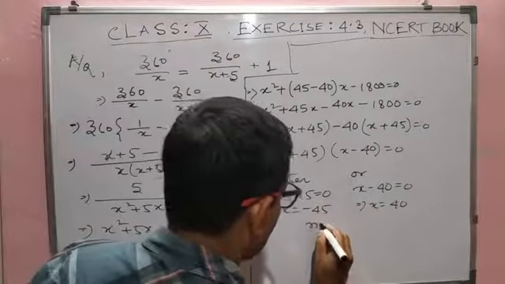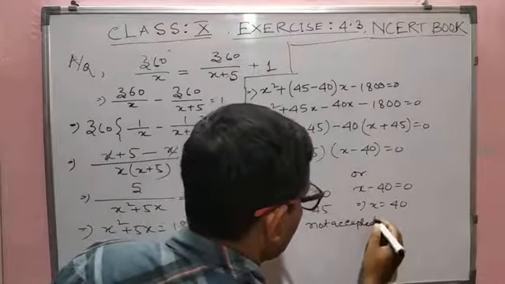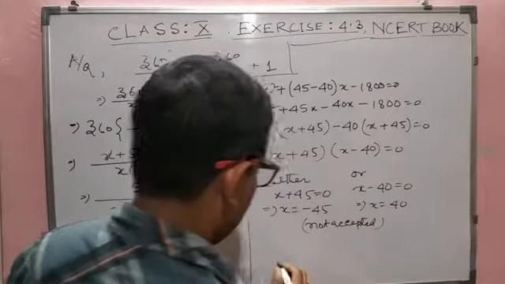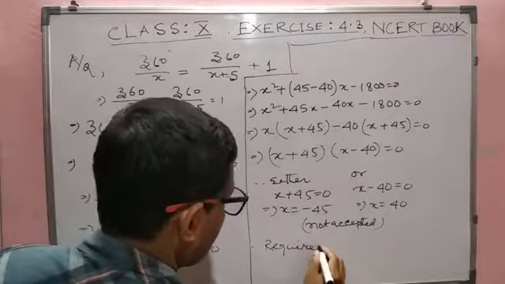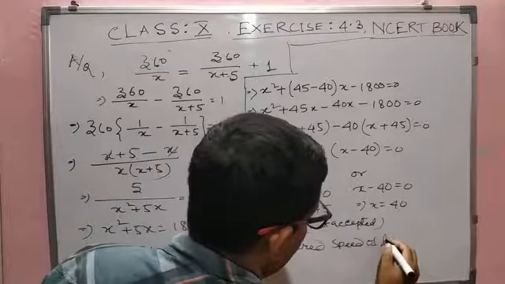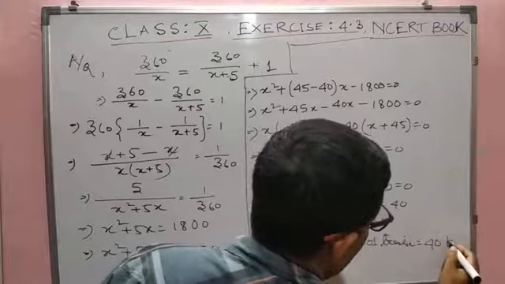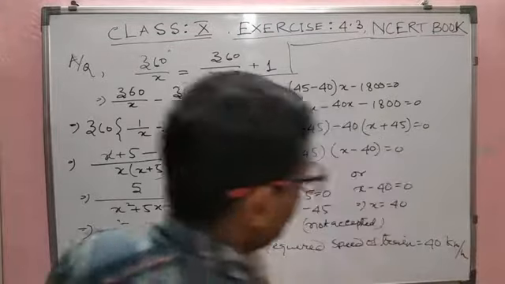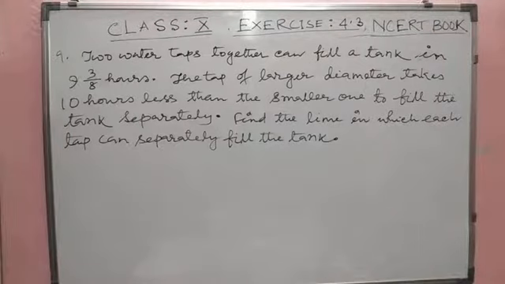So this is not accepted. So therefore the required speed of train equals 40 kilometer per hour. Therefore the required speed of train is 40 kilometer per hour.